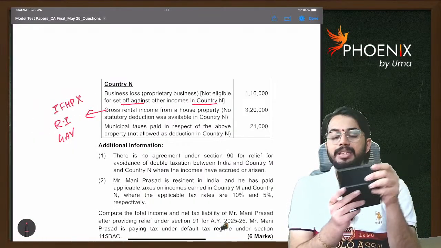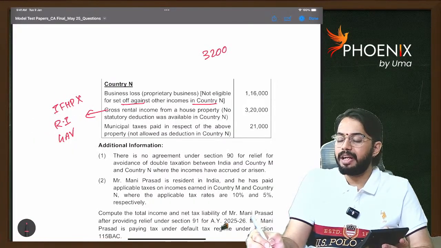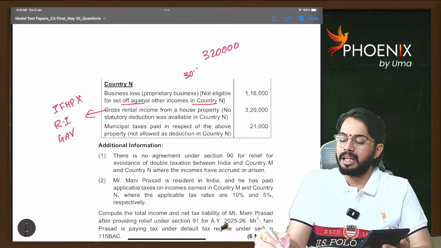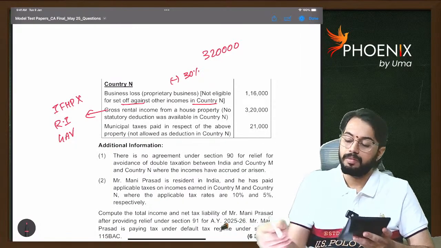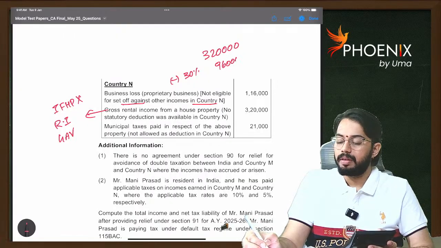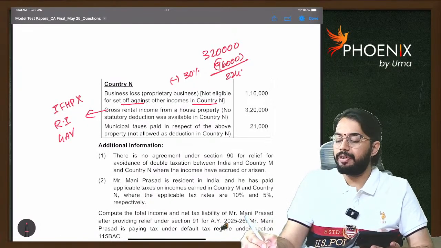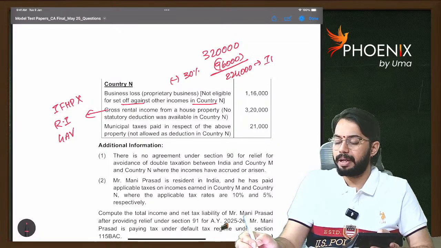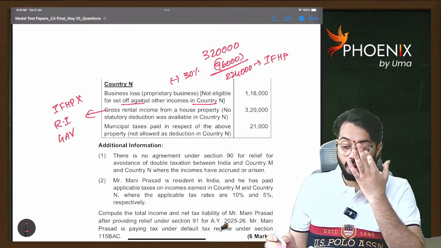So 3,20,000 is rental income. From 3,20,000, if you reduce 30% standard deduction, how much? 2,24,000 is income from house property. Next, oh, I'm sorry.